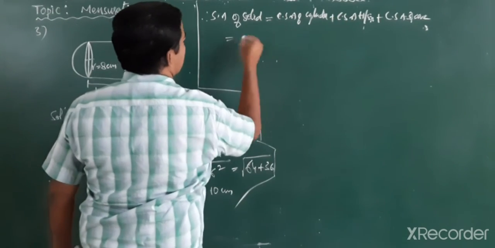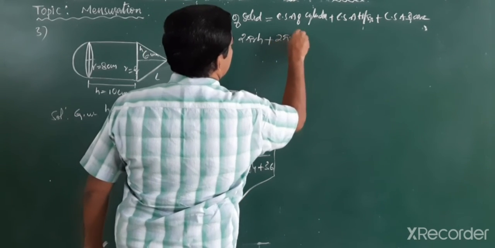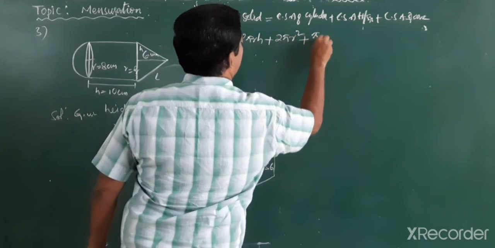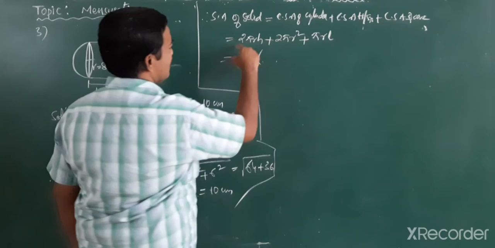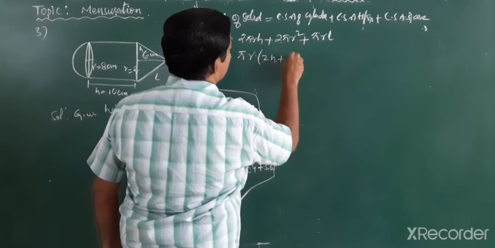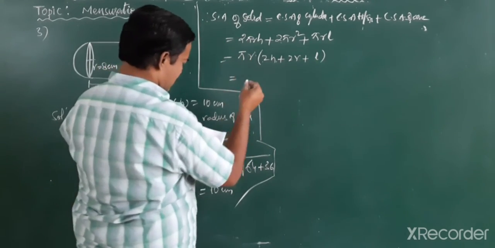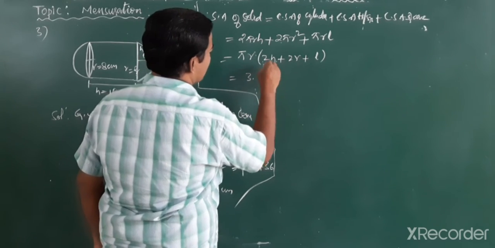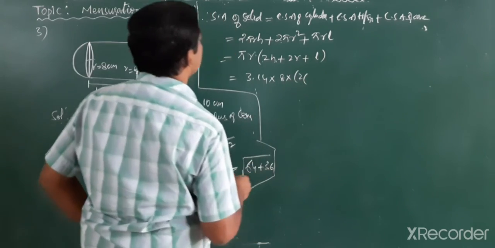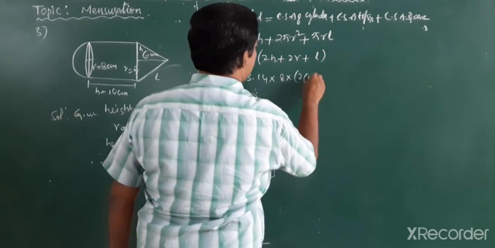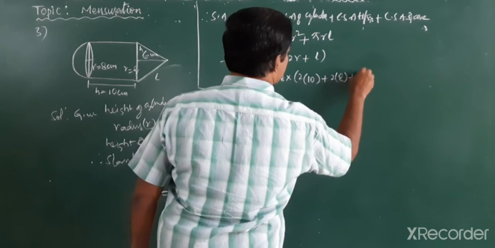So the surface area is 2 pi r h plus 2 pi r square plus pi r L. Finally pi r is common, so pi r into 2h plus 2r plus L. Now pi is given as 3.14 into r which is 8 into 2 into h, which is 10, plus 2 into 8 plus L, the slant height, 10.